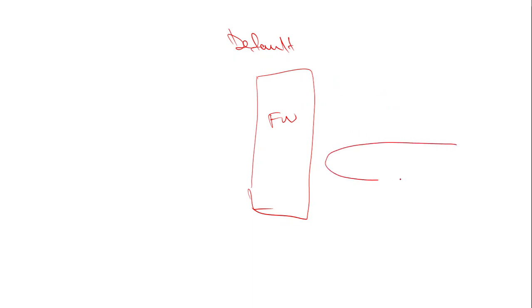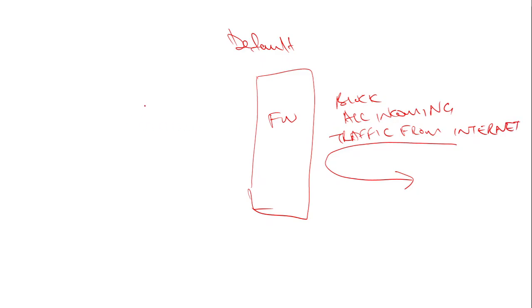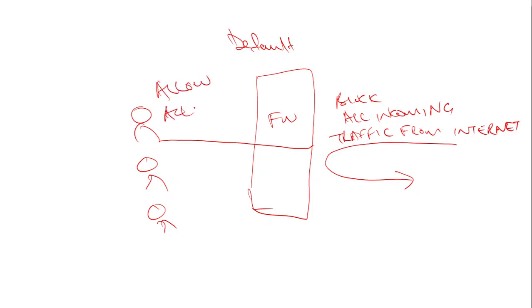By default, at a high level, the firewall wants to block all incoming traffic from the internet, because it doesn't trust the internet, and it wants to allow all outgoing traffic to the internet.